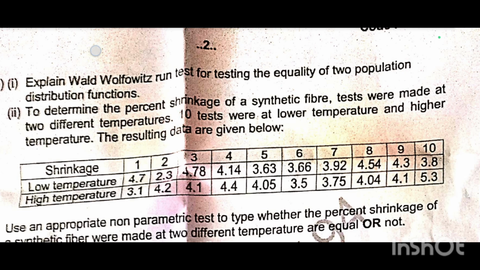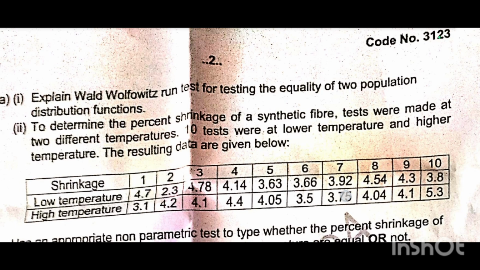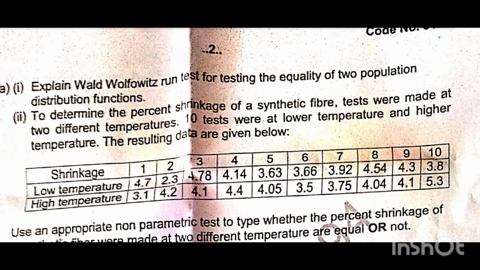testing the equality of two populations' distribution functions. Determine the percent shrinkage of a synthetic fiber. Tests were made at two different temperatures. 10 tests were at a lower temperature and 10 at a higher temperature.